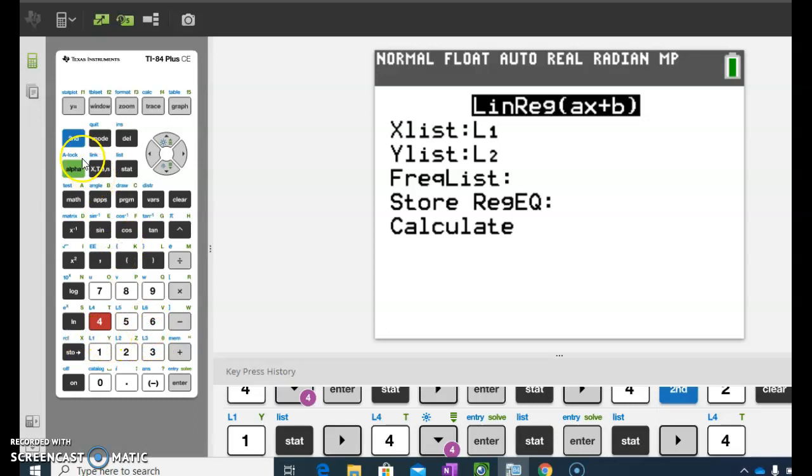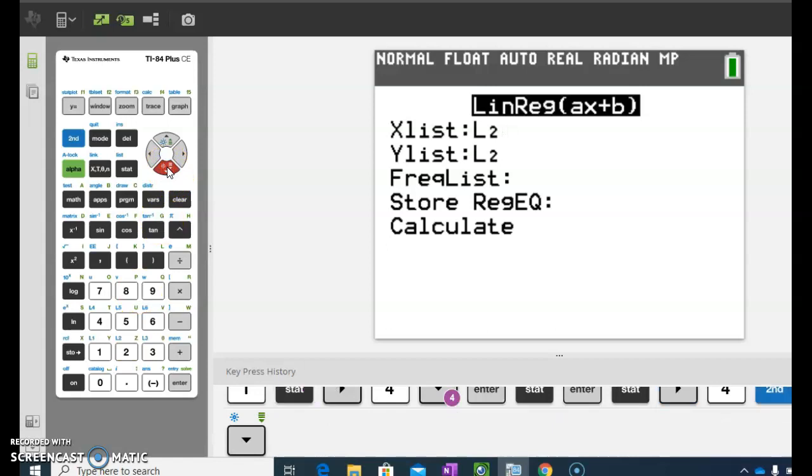So I'm going to hit the second button because it's blue, second, and then 2, and that will change that to L2. I'm going to arrow down to my Y list, and tell it to be L1, so I hit second, L1, and now it has switched my X and Y lists.